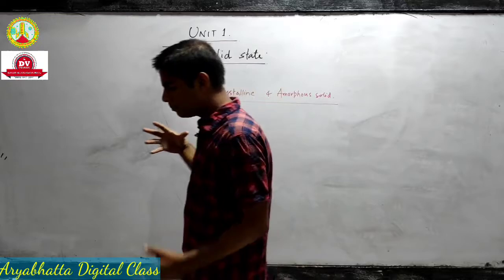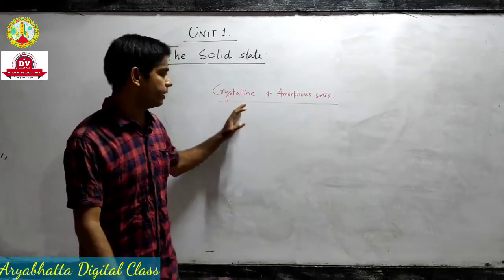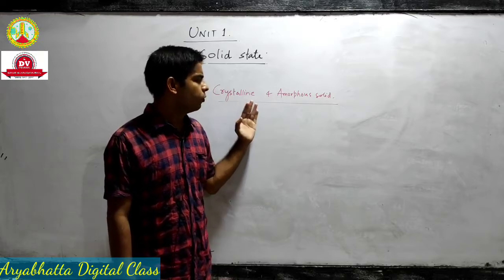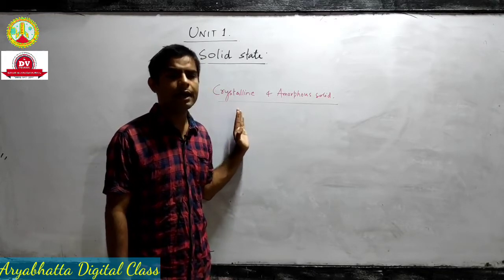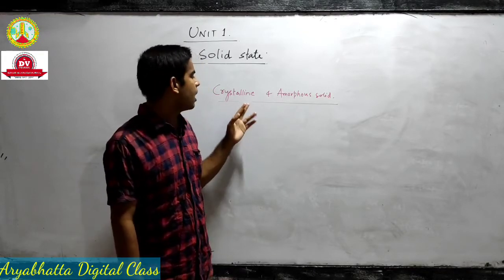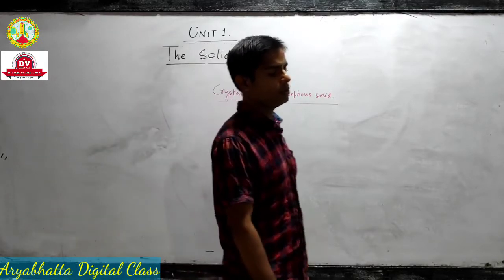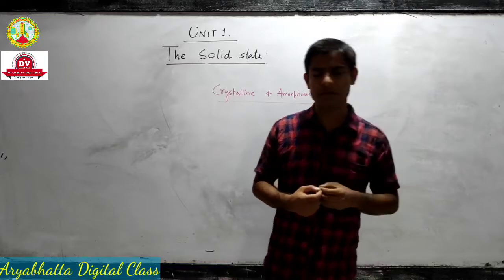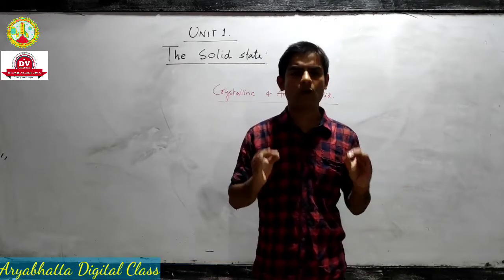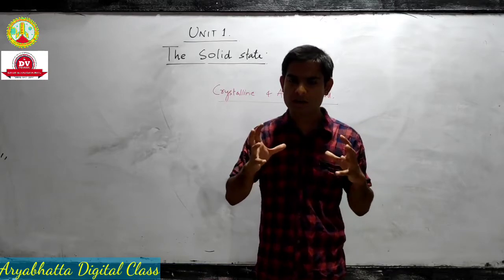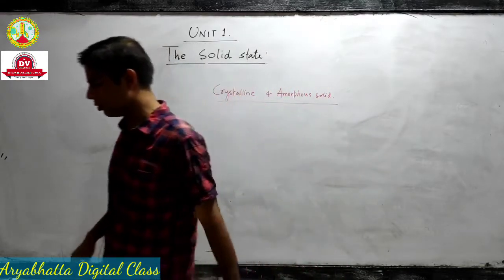Basically, crystalline solids are those made by ionic compounds. Ionic solids generally constitute crystalline solids. What is the special feature of crystalline solids? They have a regular geometry, a regular shape, a regular arrangement of the molecules.